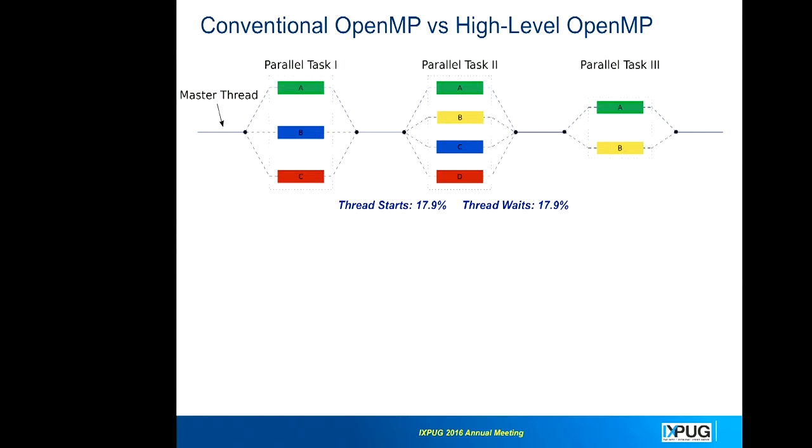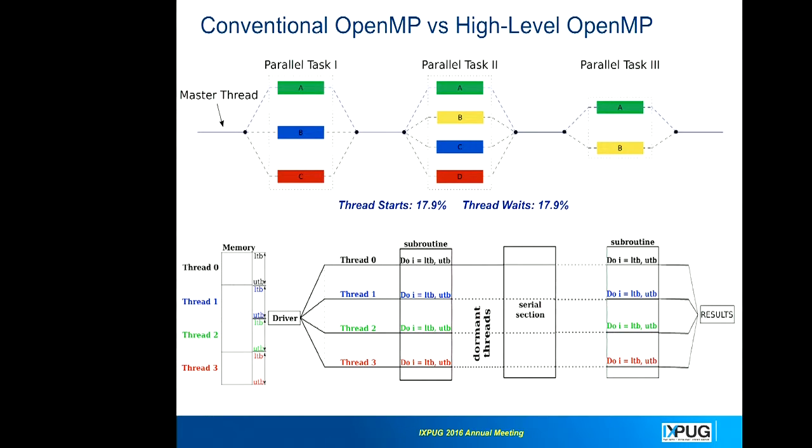With high-level OpenMP, you start your pragma in your driver class or your parent class. The threads stay open throughout all the regions, become dormant in regions that aren't used but are still active, and each thread has a specific space in memory.